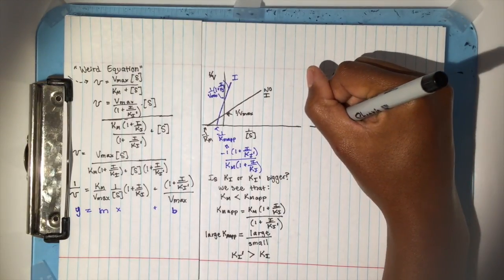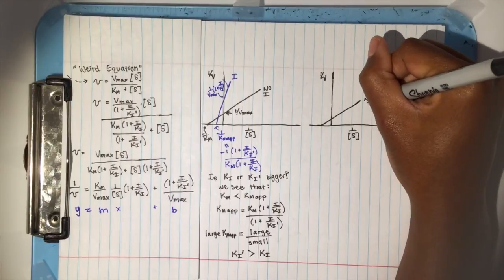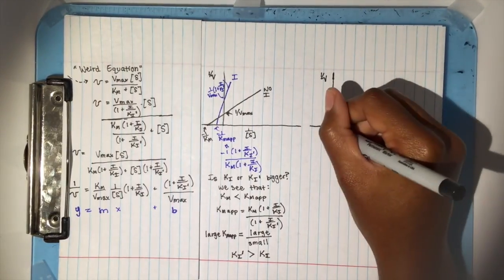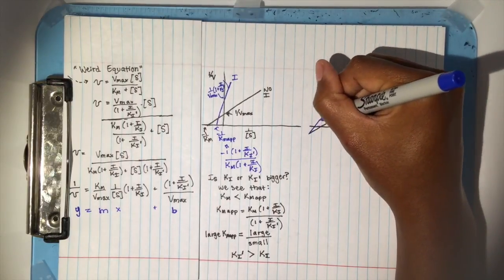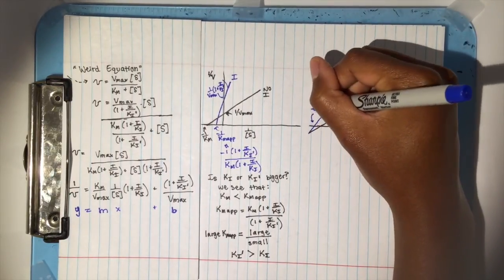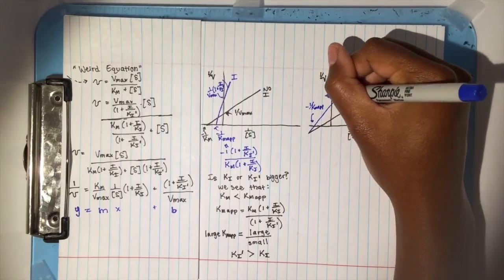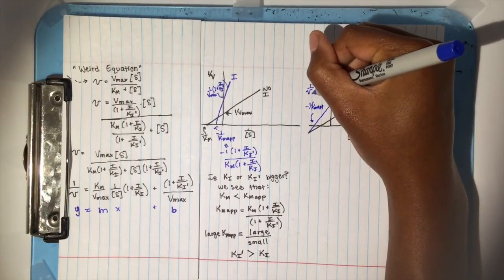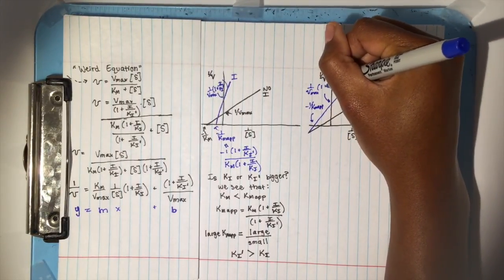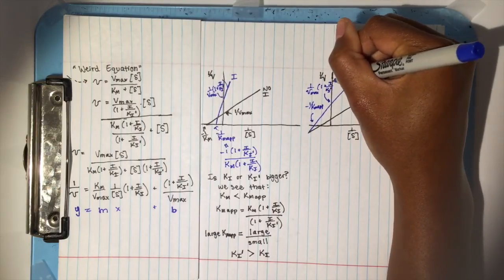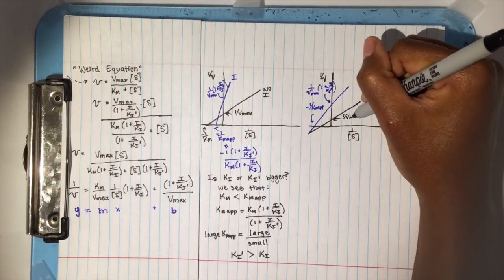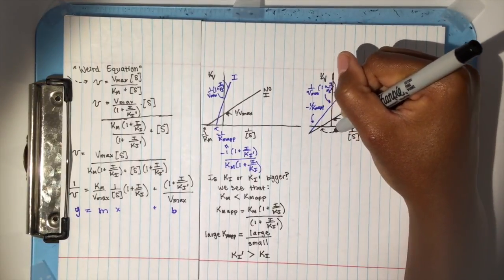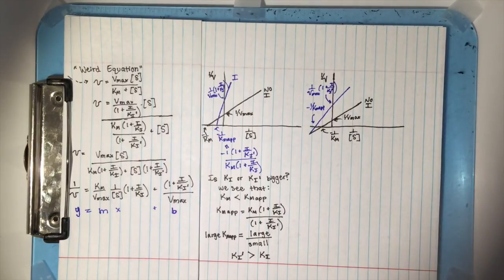And now we can do the same for the second case. So you have no inhibitor, and the line will extend down as we know. And then this is negative 1 over Kmap, and this is 1 over Vmax times 1 plus I over Ki prime, and that is 1 over Vmax, and this is negative 1 over Km for the non-inhibitor case.